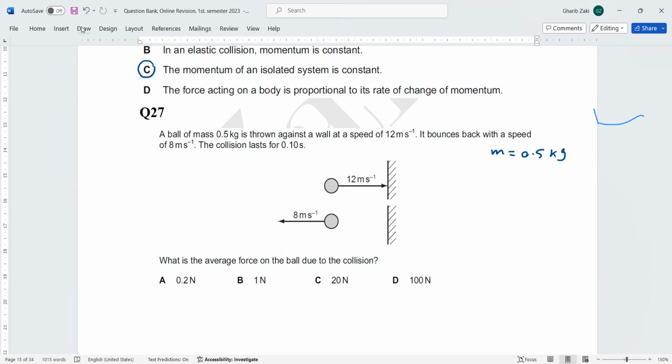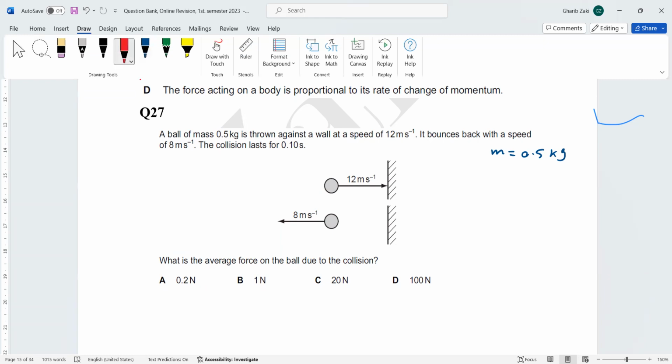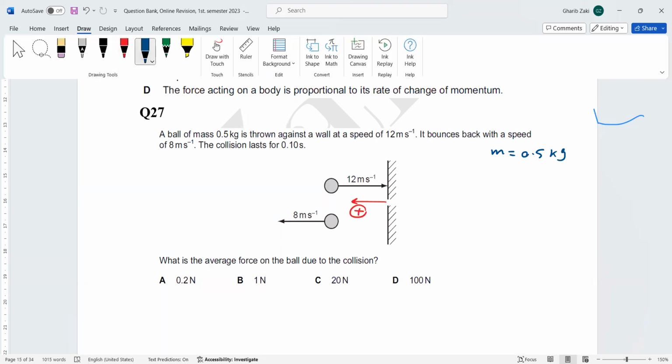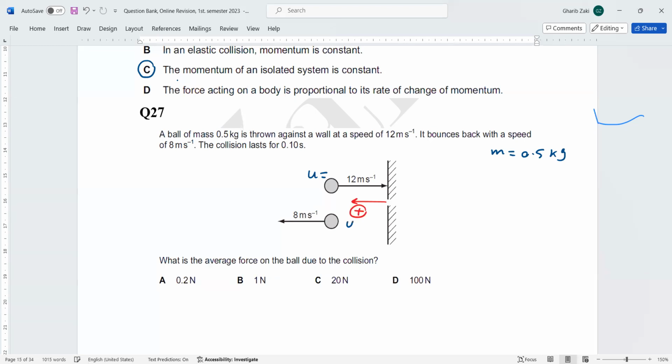We said when we explained this before, the rebound will be positive. So we take this direction as positive. This is the initial speed, 12, and the final speed is 8. And this is the time. What do we need? We need the force. Which formula do we use?